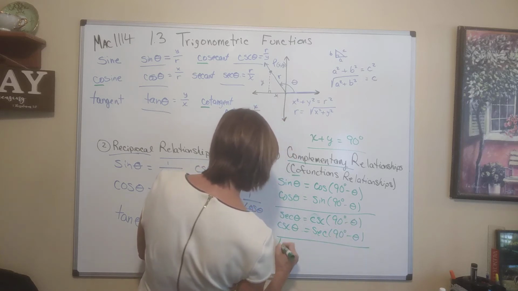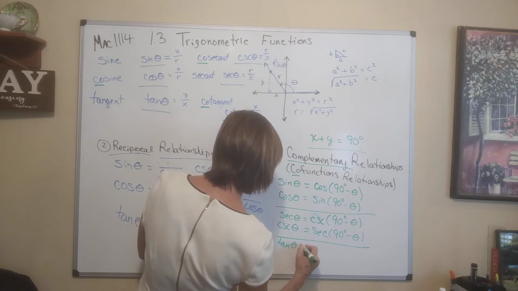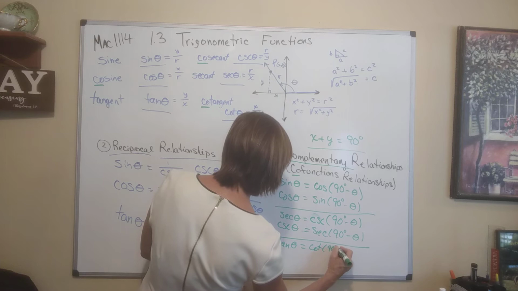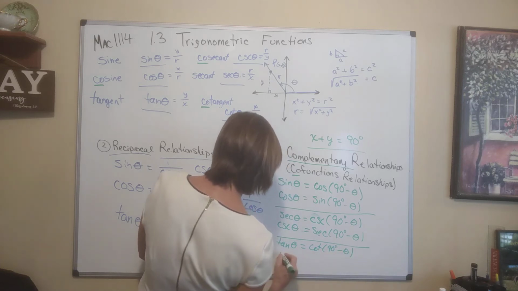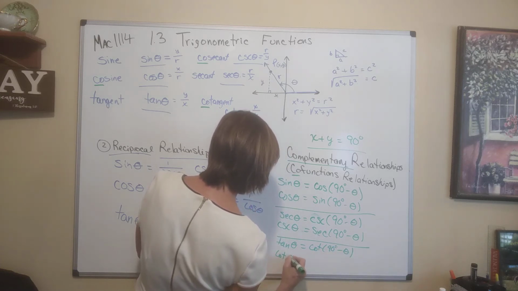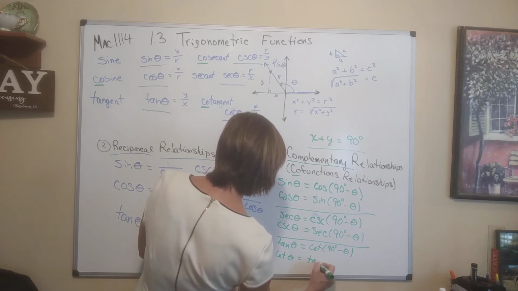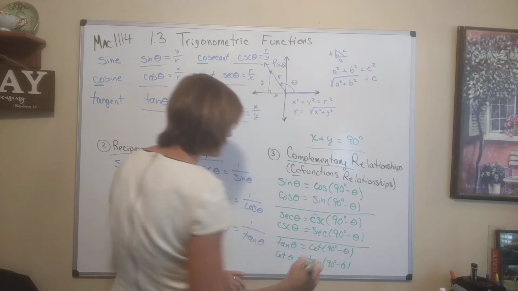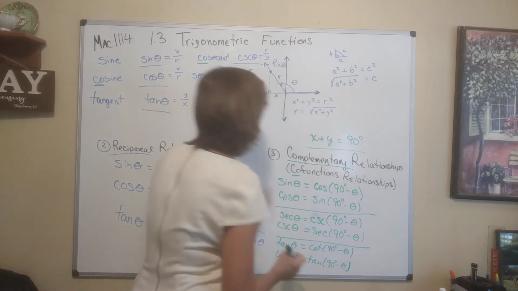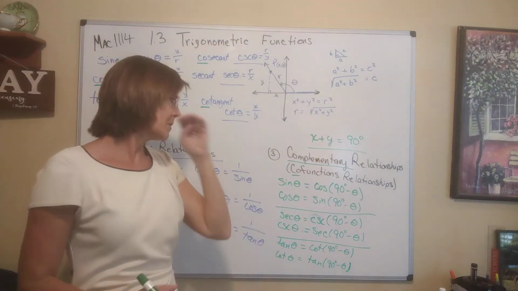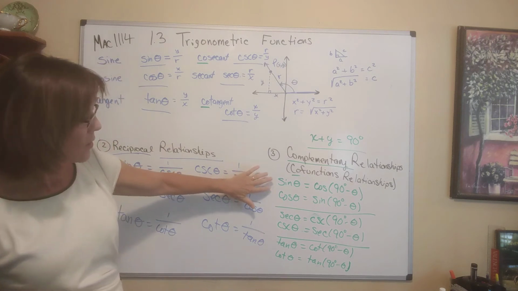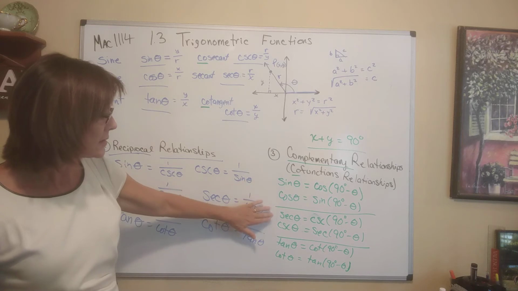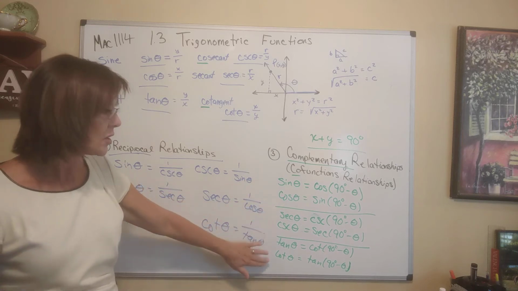And then lastly, the tangent of theta is equal to the cotangent of 90 minus theta, and the cotangent of theta is equal to the tangent of 90 minus theta. Okay, so these are called the complement relationships or the cofunction relationships, because that's how cofunctions relate to each other. Sine, cosine, secant, cosecant, tangent, cotangent.